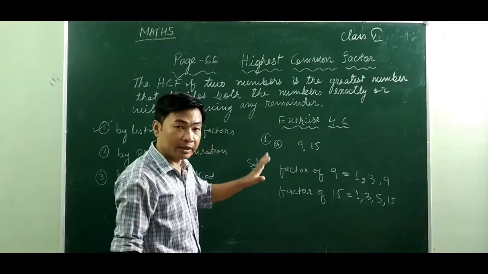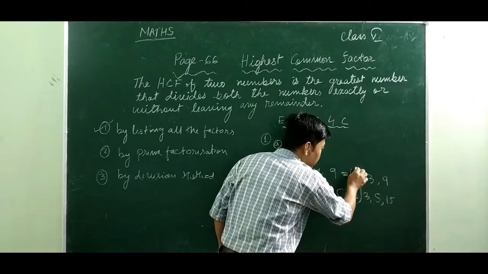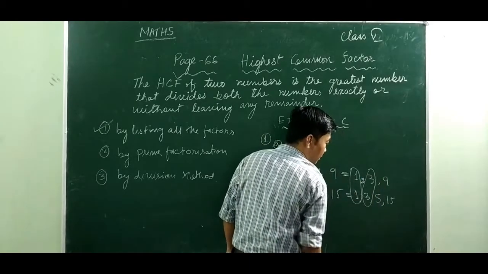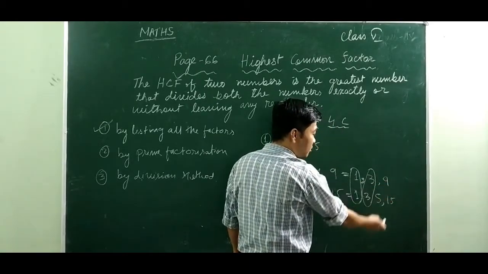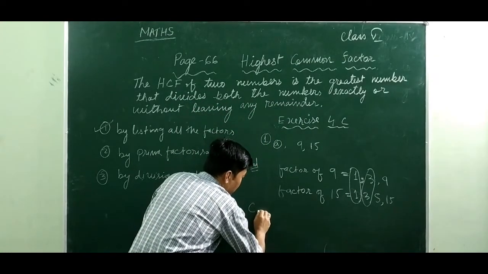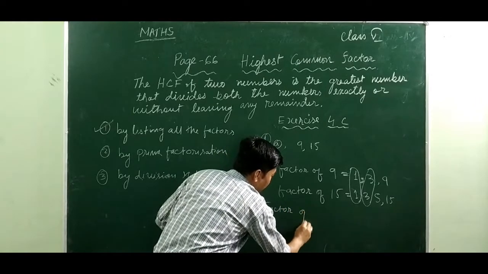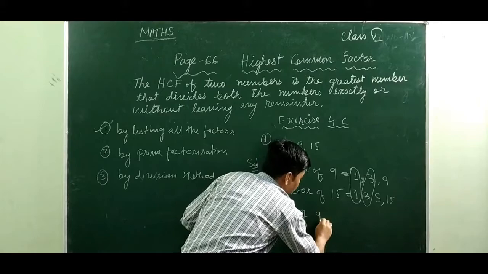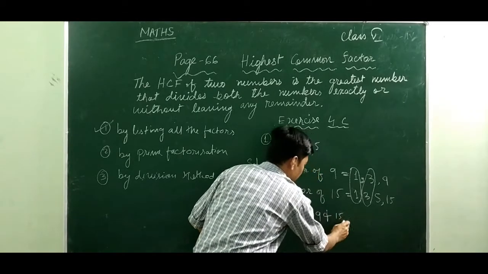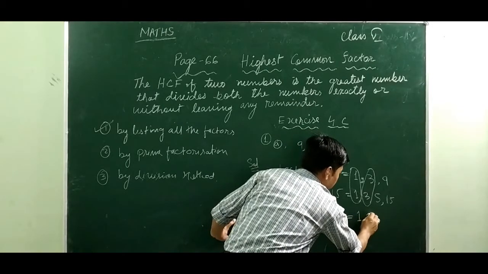Now let's find the common ones. We see that 1 is common, and then 3 is common, but the rest of the numbers are not common. So the common factors of 9 and 15 are 1 and 3.